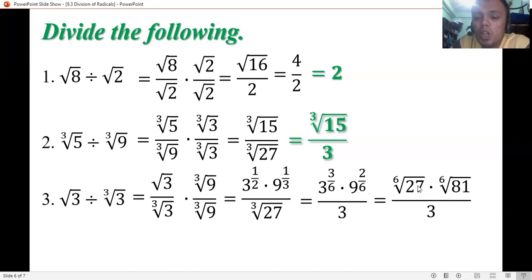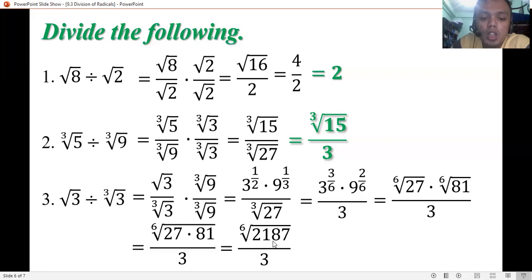Now, pwede natin multiply 27 times 81. That would be equal to 2,187 over by 3. Okay, pwede ba natin i-simplify yung 2,187? Try natin. 3 times 3, pangalawa na yan, 3, 4, 5, 6.